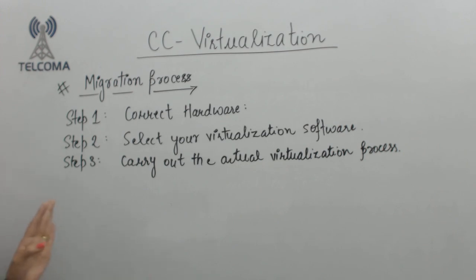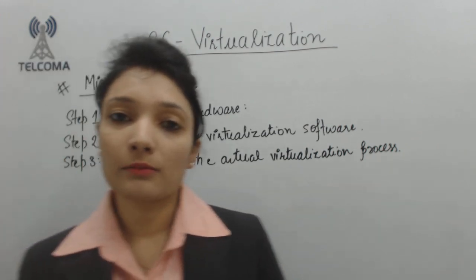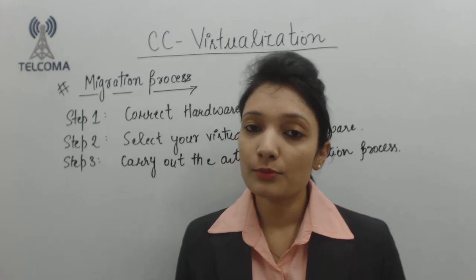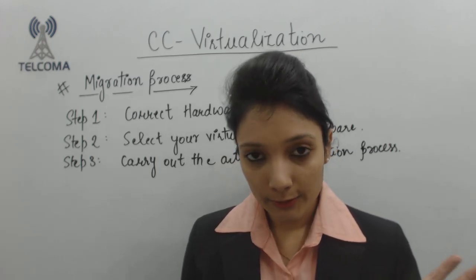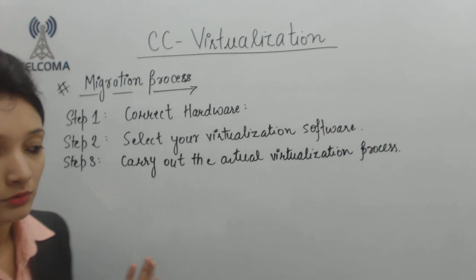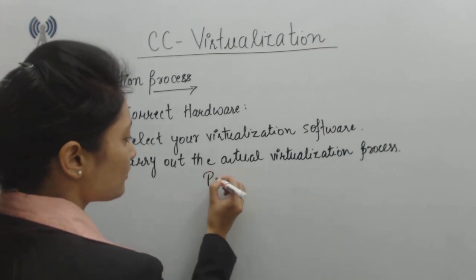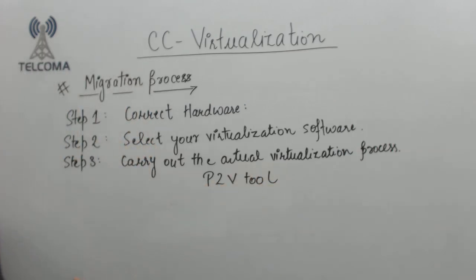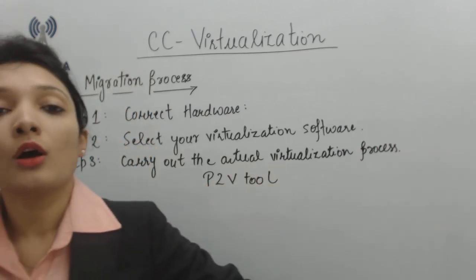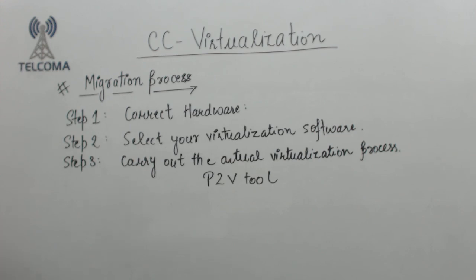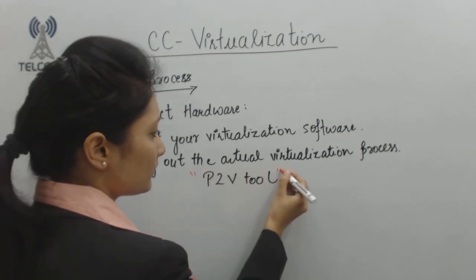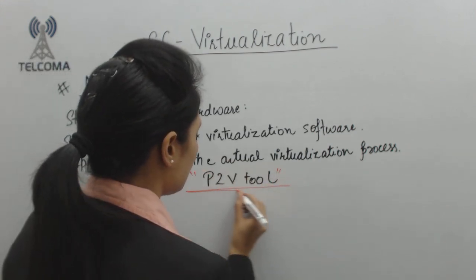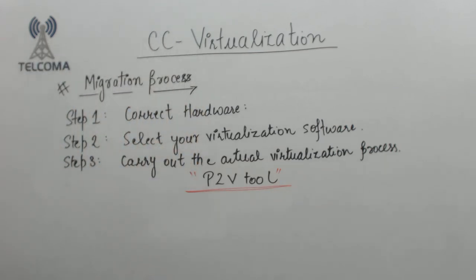After the above steps, we can begin the conversion process using your P2V tool. Here comes into action your P2V tool, which is your physical to virtual process. This is the tool which will enable this transition.